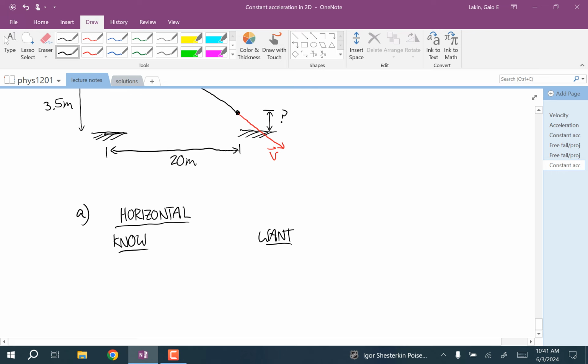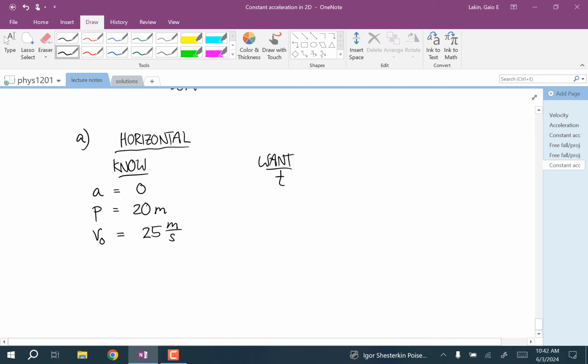Okay, we're looking for the time. We know that the acceleration, since we're doing horizontal, is 0. The position horizontally is positive 20 meters. The horizontal starting velocity is 25 meters per second. And so I'm going to use the equation P is equal to V sub 0 t plus 1/2 A t squared.